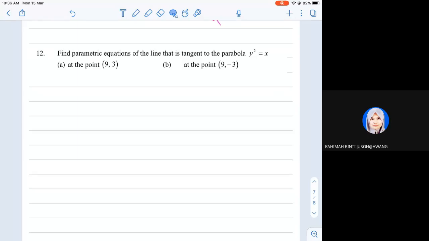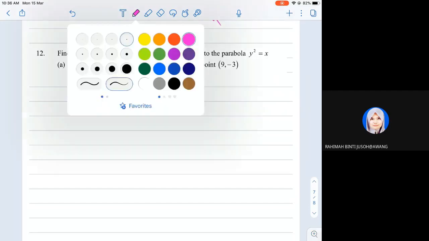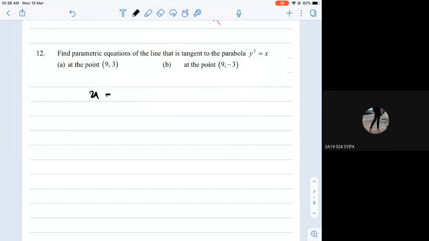Sekejap guys. Okay, so question number 12B, this is a parabola. This parabola should be facing to which axis? X-axis. X-axis, right or left? Right. Right, okay, good. On right, very good.